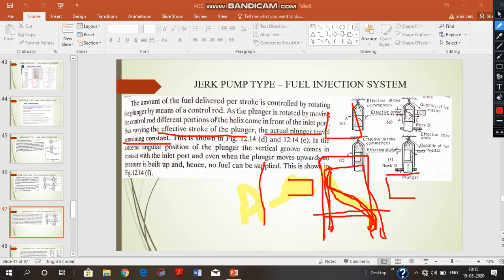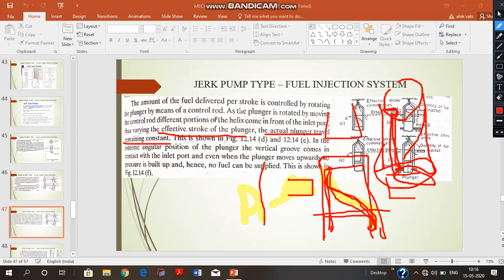One thing we also have to note is that on this plunger there is also a vertical slot. There is a vertical slot besides a helical groove. Now what does this vertical slot do? The vertical slot is a very essential tool also.